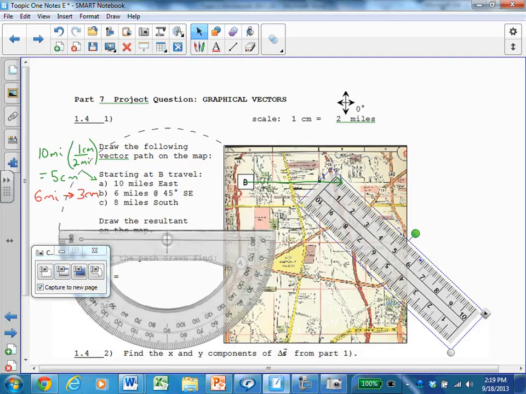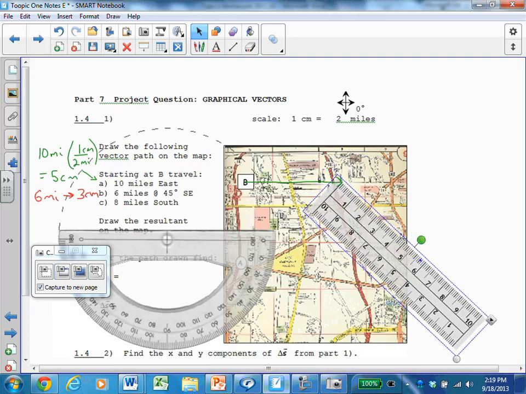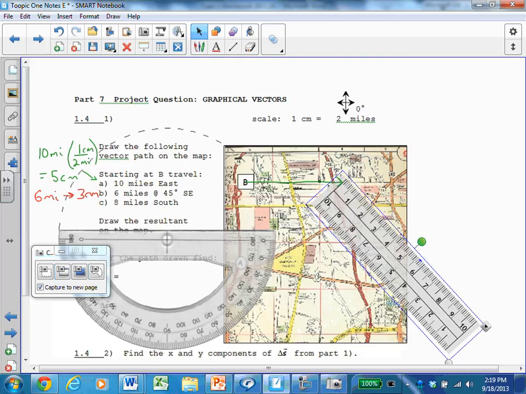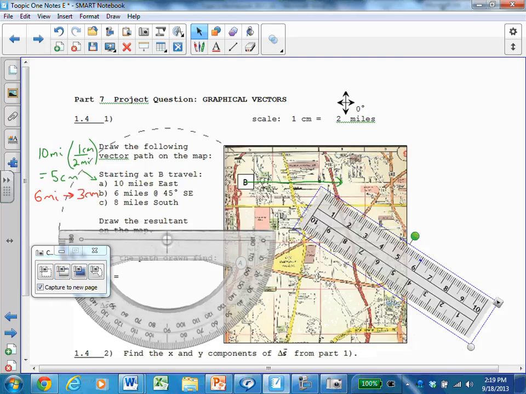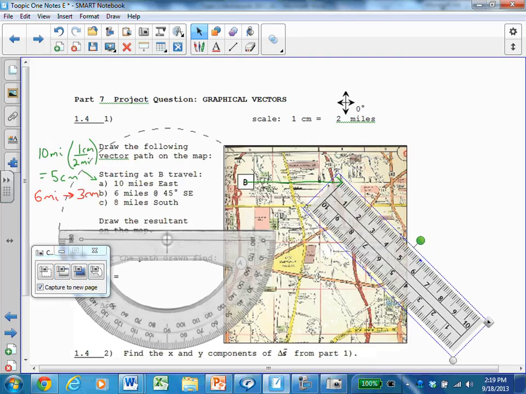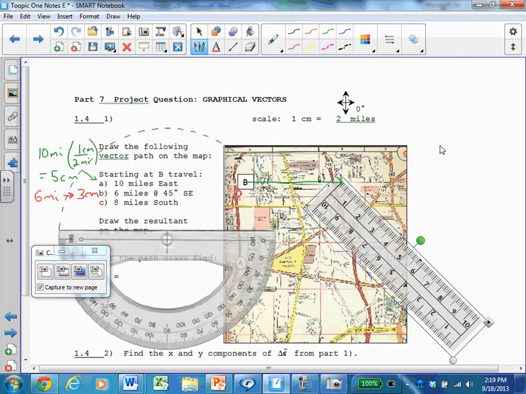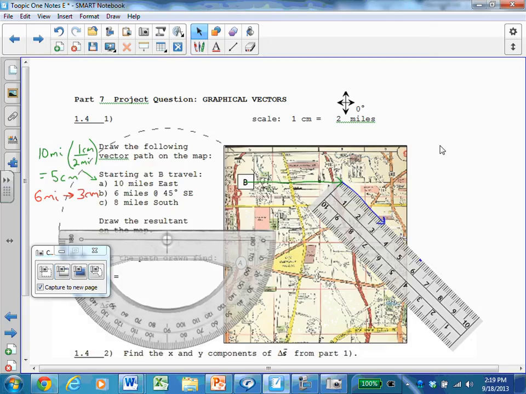See, I adjusted the scale, got it. All right, so now 3 centimeters for me is going to take me to about there. Now yours might be slightly different, right? But that's my 3 centimeters southeast, and I've put the vectors arranged head to tail.